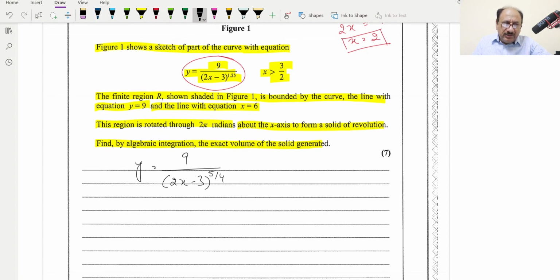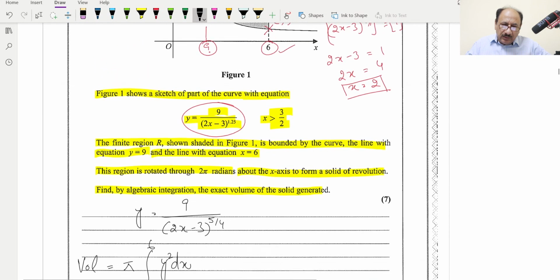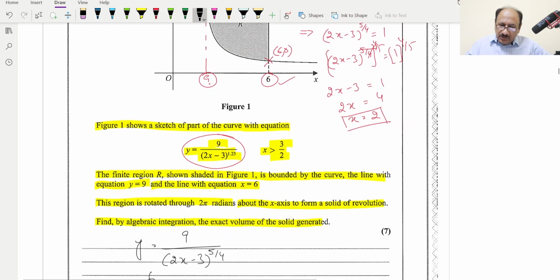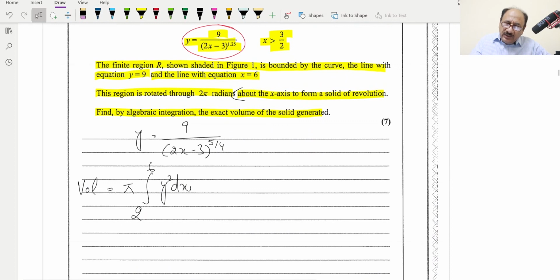Now to rotate it for the volume, we know the volume will be pi times the integral from 2 to 6, which we have found, of y squared dx. This is the formula for rotation, and this will be rotated about the x-axis through 2 pi radians, right?